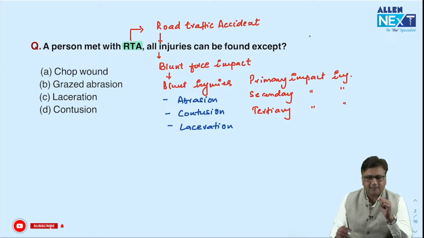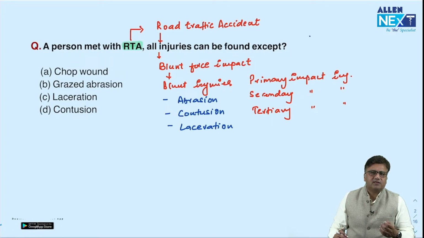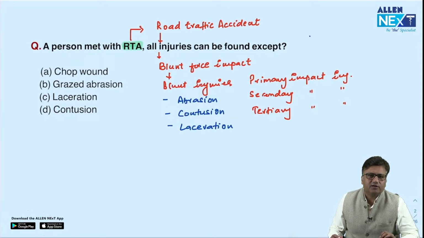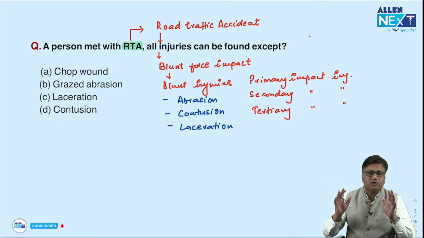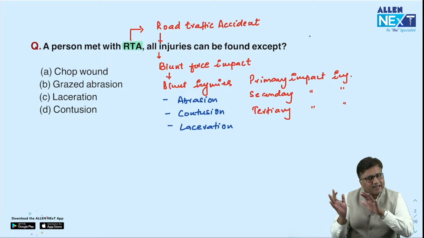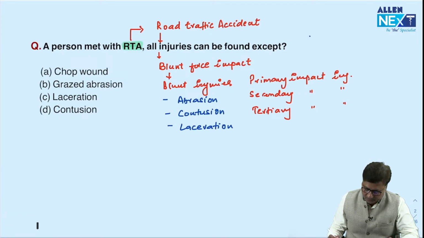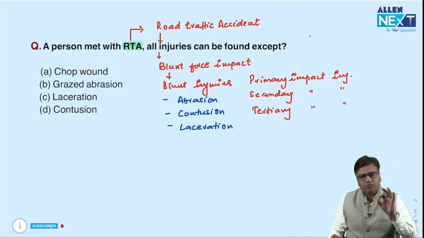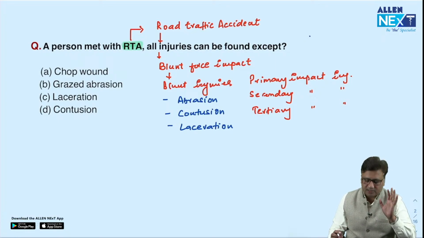And whenever we learn road traffic accident, we know one of the important tertiary impact injuries is grazed abrasion, when a person falls back onto the ground with the momentum he has been provided with by the colliding vehicle and he slides onto the ground, grazed abrasions generate on the body. So, one very important typical injury that is seen in road traffic accident is grazed abrasion.